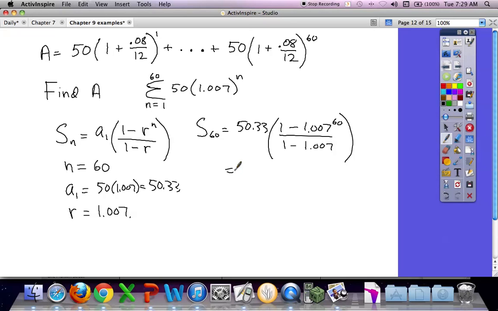And I need to do this again. 50.35 times 1 minus 1.007 raised to the 60th power, divided by 1 minus 1.007. There we go. And I'm getting $3,736.90.